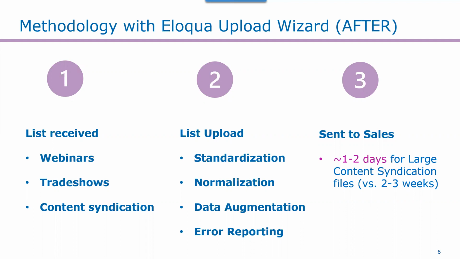These are all various field values that can be customized to your unique needs. And now, rather than 2 to 3 weeks, our average time is within 1 to 2 days. So sales is definitely getting value here of getting their leads to them much faster.